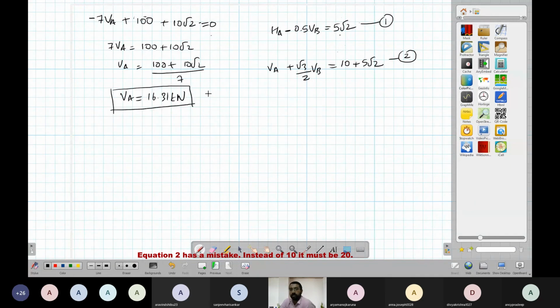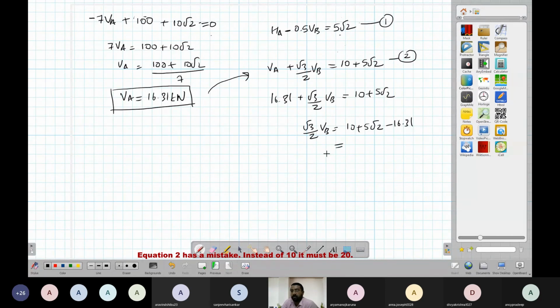Now we'll substitute this here. Then what will you get? 16.31 plus root 3 by 2 VB will be equal to 10 plus 5 root 2. So root 3 by 2 VB equal to 10 plus 5 root 2 minus 16.31.